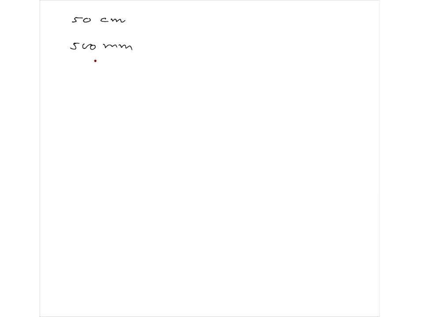Imagine centimeter is converted to angstrom. How many zeros you will have? 0, 0, 0, 0, 0. It will go on and on and on. Will you consider all those zeros for significant figures? So, unless the person who has done the measurement tells you something about the instrument he used, it may be difficult to conclude how many significant figures are there.